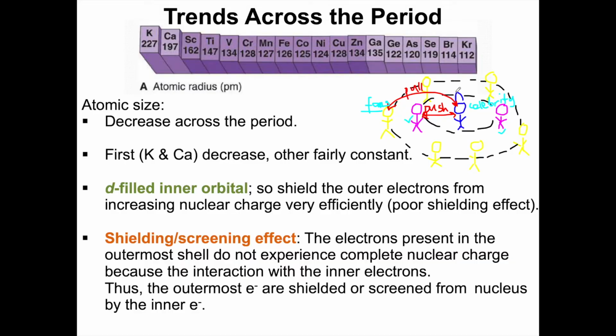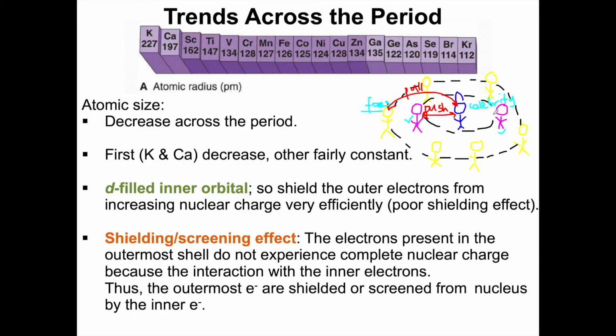Let's say this celebrity is the nucleus. This nucleus is attracted by the outermost electrons, and it has two inner electrons that protect this nucleus from the outermost orbital.